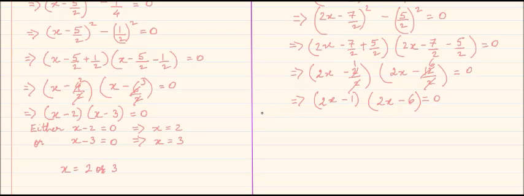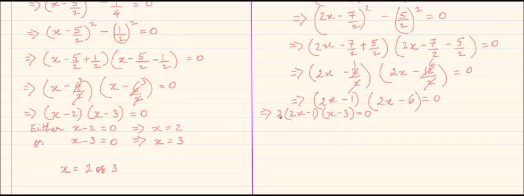Let us do it in both the ways. So let us take out this 2. I'm writing 2 at the very beginning, and then we are writing (2x − 1). We can write this 2 after (2x − 1) as well. And we are having this as (x − 3) equal to 0.